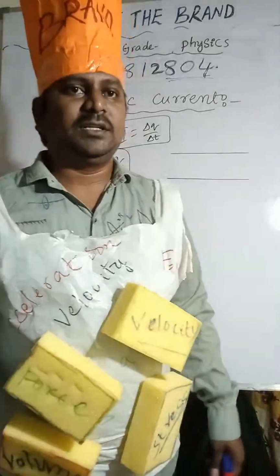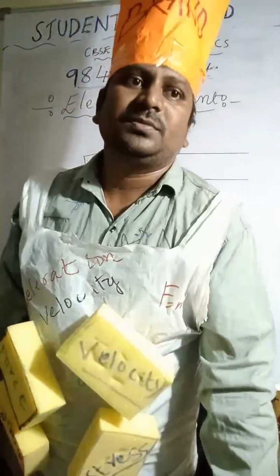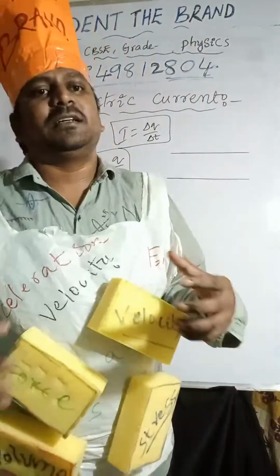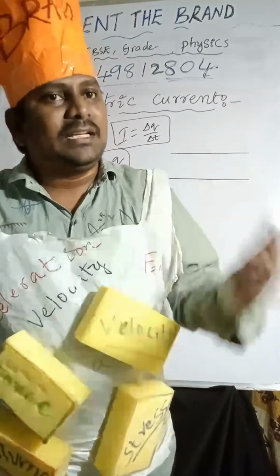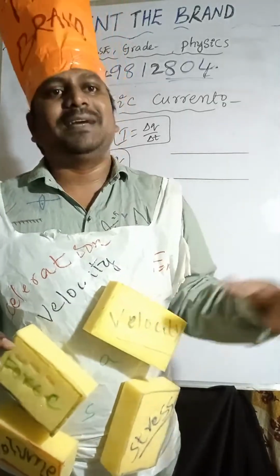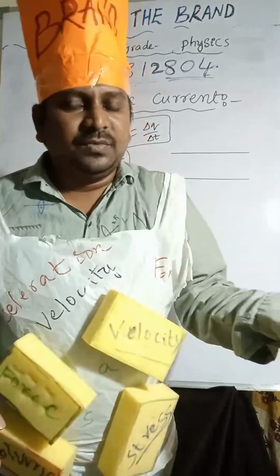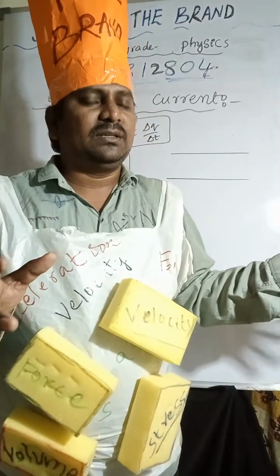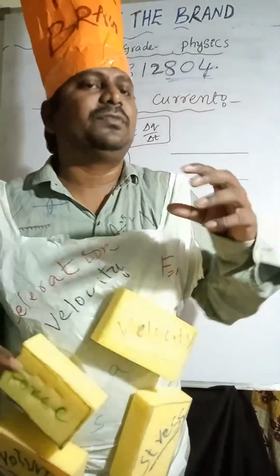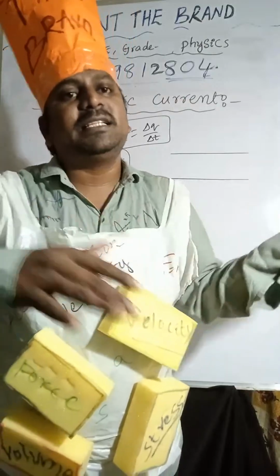If you are taking an object, like the velocity of the object, speed of the object and acceleration of the object at a particular instant, like that we are discussing. So here also, at the particular instant, the flow of charge is called electric current. That is nothing but instantaneous current.